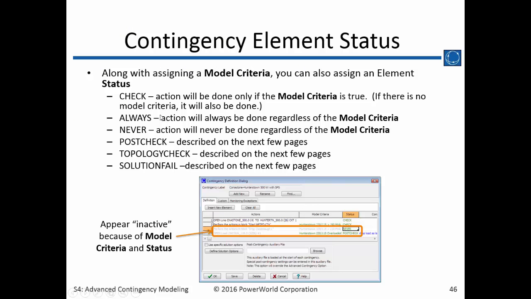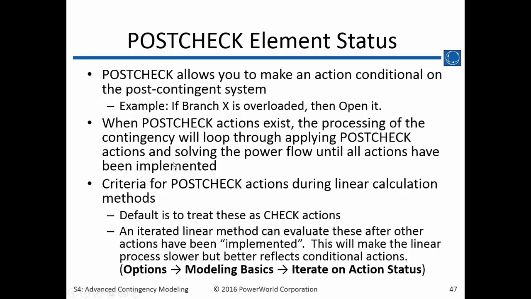If the status is set to always, then the associated action would be taken regardless of whether the model criteria is met. Never would be always skip it. Post-check, topology check, and solution fail are a little bit more involved. Post-check lets you make the condition conditional on a post-contingent system. So for example, if a particular branch is overloaded, then open it.